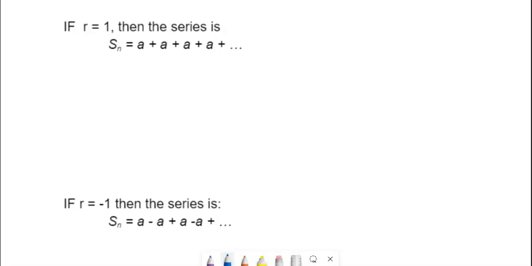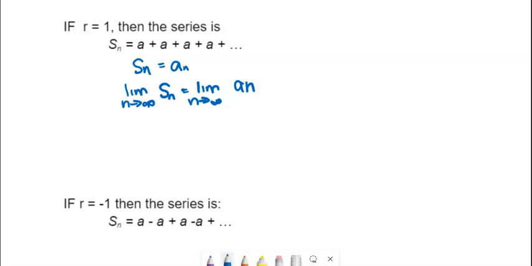Okay, let's look at two other kind of obscure examples. So in this instance, I want to find the sum of this series. And the limit as n approaches infinity of this series is just a times n.